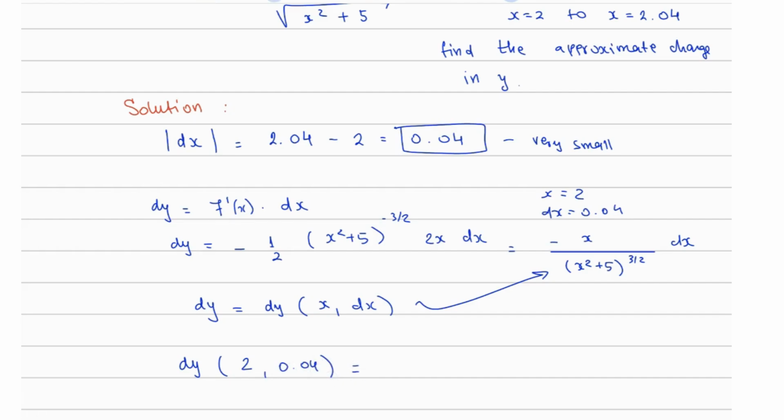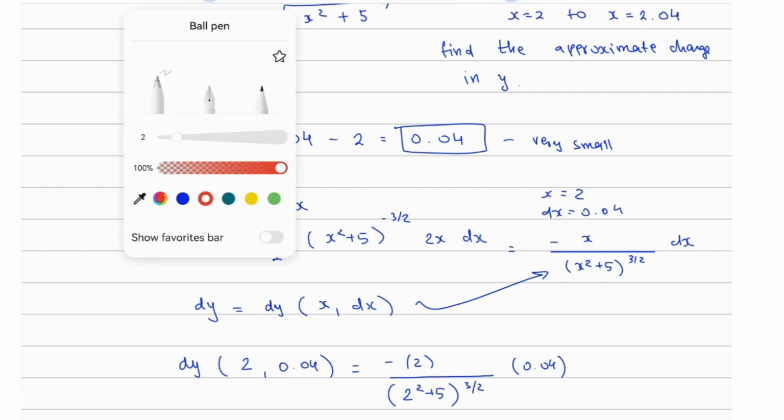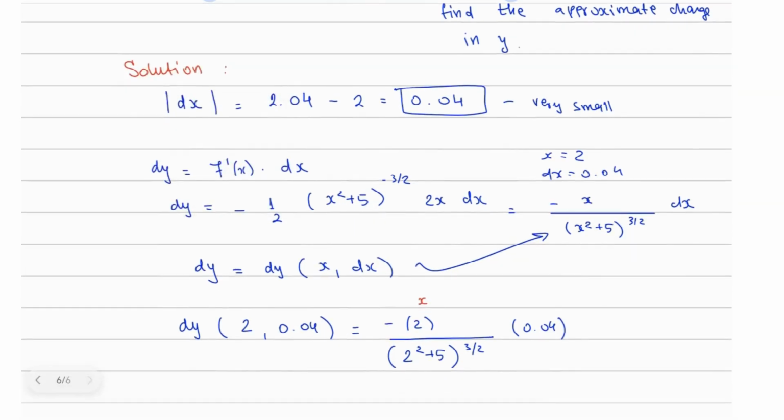That is minus 2 over 2 squared plus 5, to the 3 over 2, times 0.04. This is x, and this is dx.